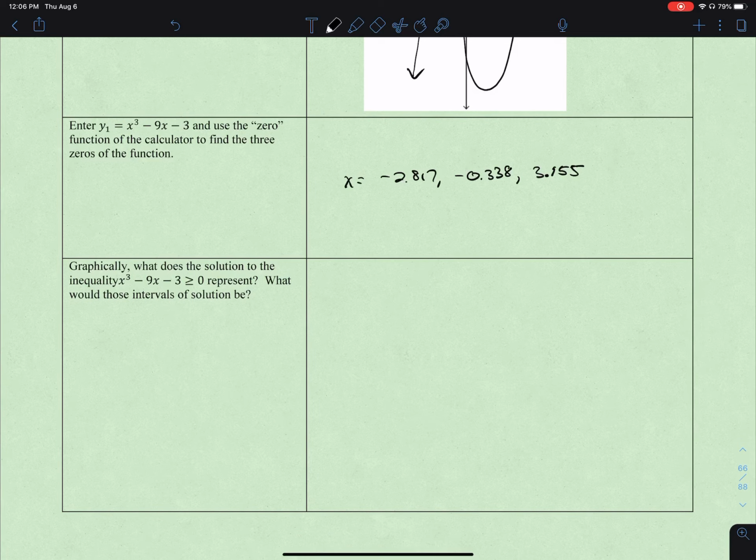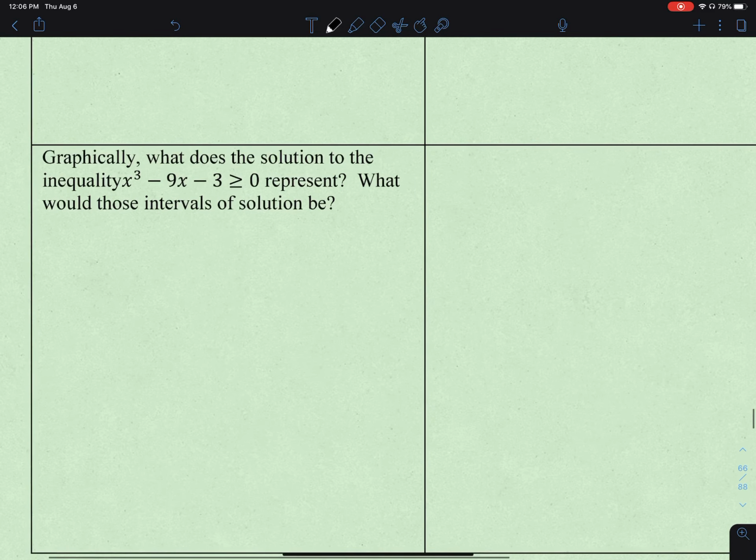Graphically, what does the solution of this represent? What would those intervals be? So let's answer the first part.